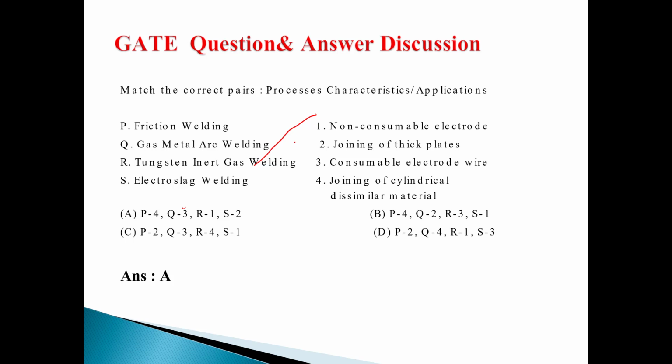Then gas metal arc welding is consumable. Friction welding is for joining cylindrical dissimilar metals. And electroslag is for joining thick plates. So the option is A.